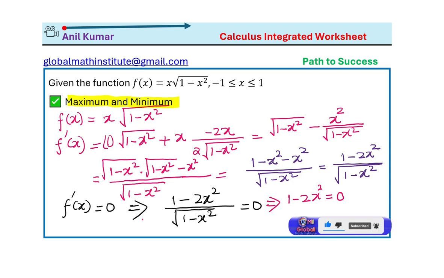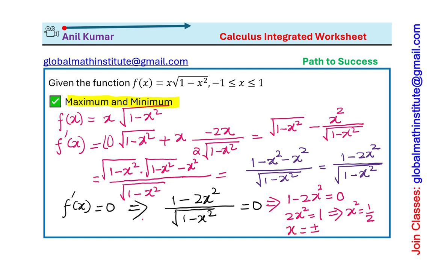So we get 2x square equals to 1, or we get x square equals to half, and that gives you the solution that x is equal to plus or minus 1 over square root 2. Makes sense, correct? So x has to be plus or minus 1 over square root 2.